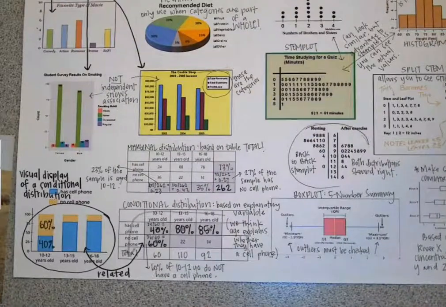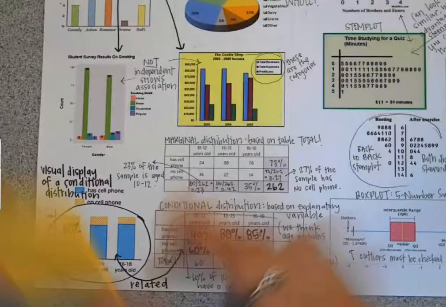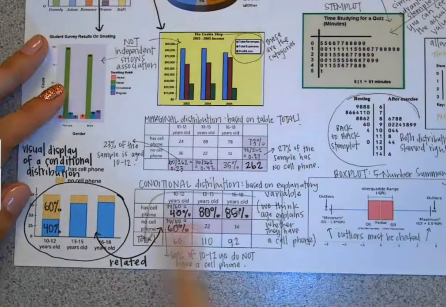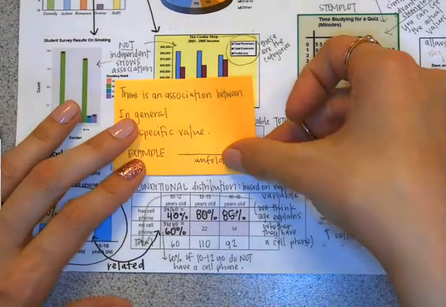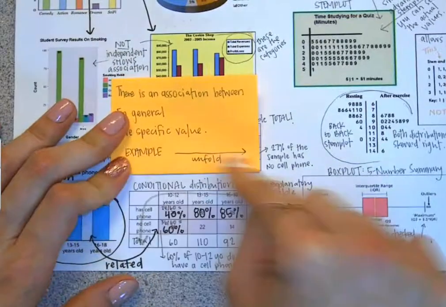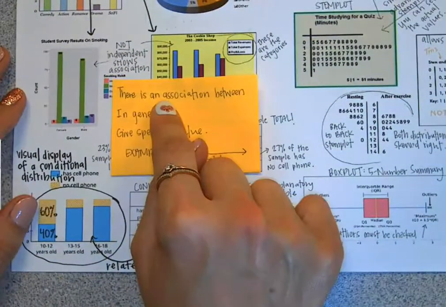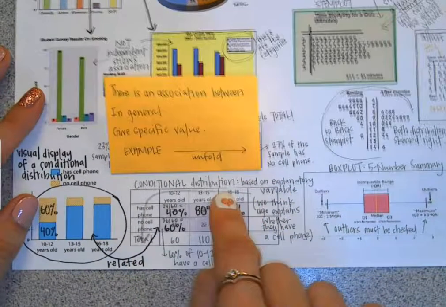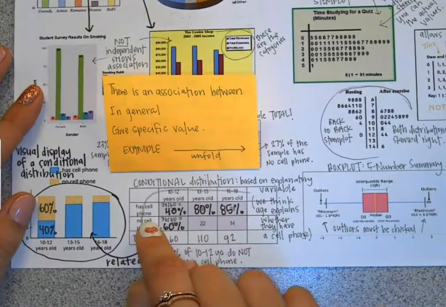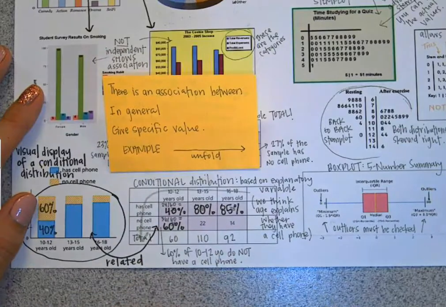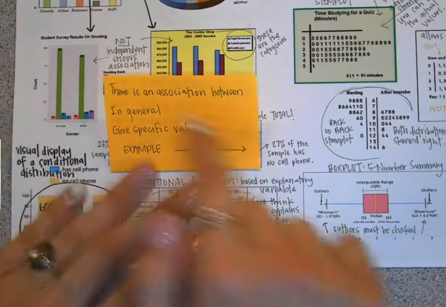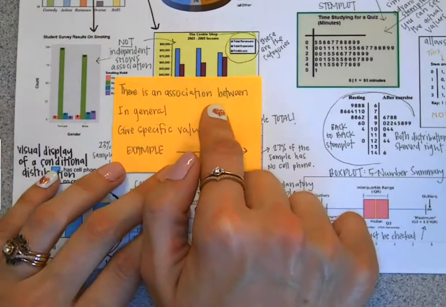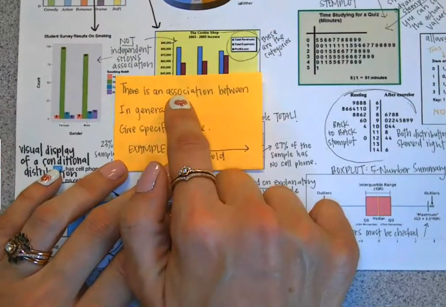Oh, I took my Post-it note off, so I didn't mention this. When you do a conditional distribution and a two-way table, what you are looking for is if there is an association between the two variables. So when you're describing an association, you want to say there is an association.